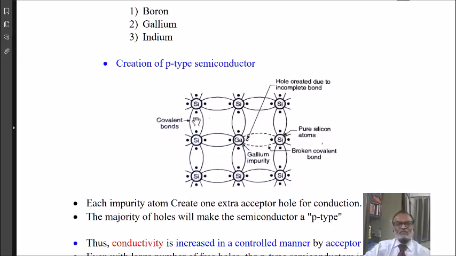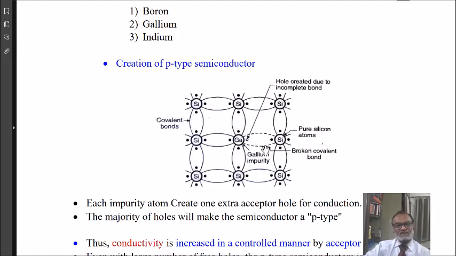It forms covalent bonds with the neighboring silicon atoms in the extrinsic semiconductor. Since gallium has only 3 valence electrons, it forms covalent bonds with the adjacent atoms, whereas one covalent bond still has a deficiency of 1 electron. This deficiency is indicated here by the strong center of attraction for electrons, that is, a hole. And therefore, per impurity atom, we have one hole generated.